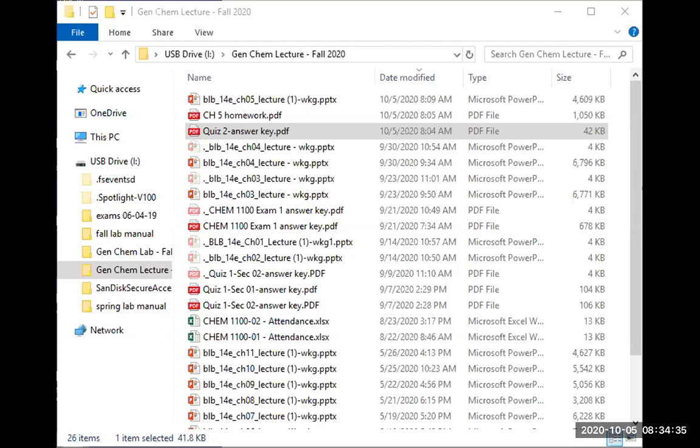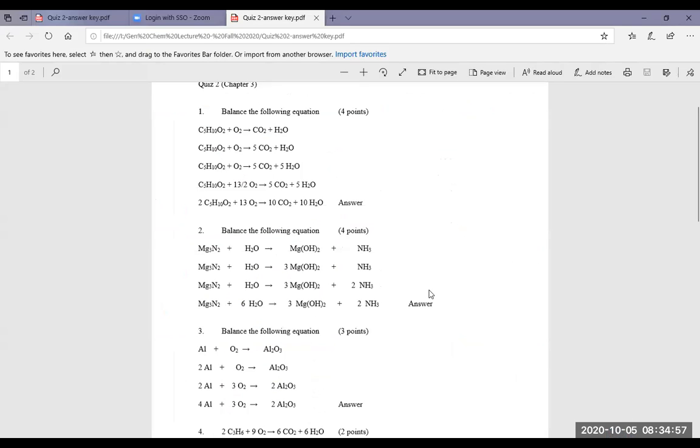So you can't see the PDF? No. Okay. Let me see what's going on then. Okay. Can you see it now? Yes. Okay, thanks for letting me know.